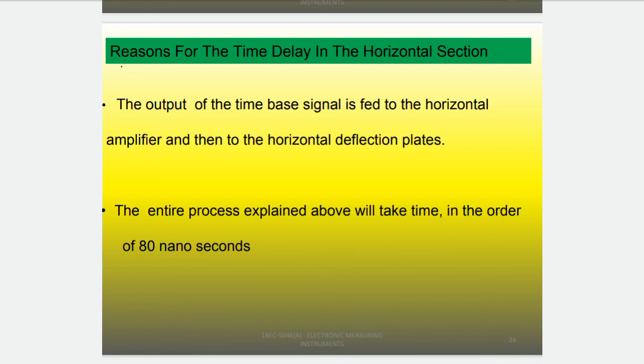That means it delays the signal for some time in the vertical section.